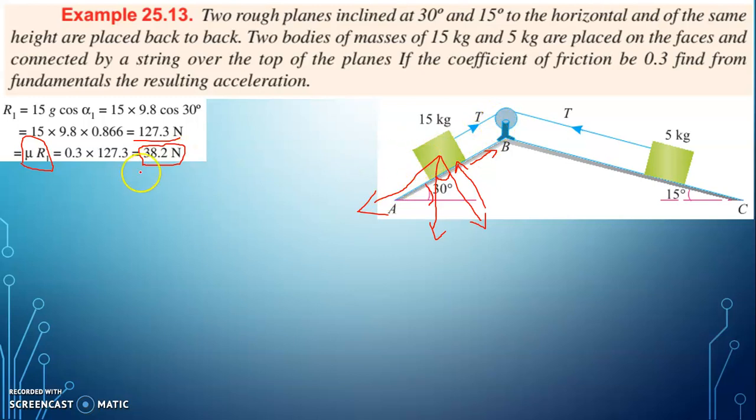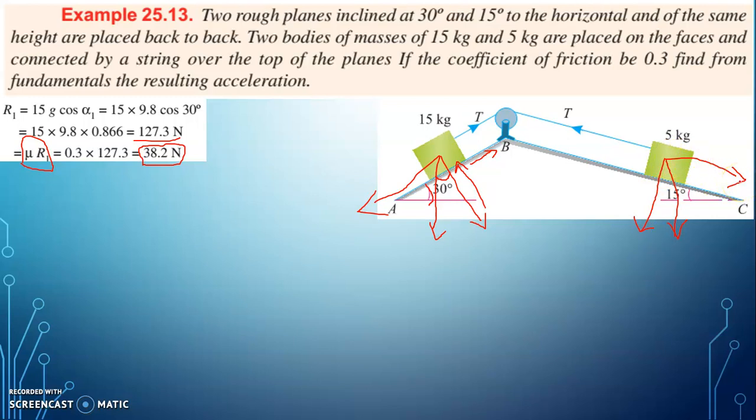We will analyze the total force acting on the body, which is given by the tension and the component of the weight along the incline. Before that, we will write the reaction caused by the 5 kilogram weight. The 5 kilogram weight acts in the downward direction, given by 5 into 9.81, and it has two components: one perpendicular to the surface on which it is resting, and one parallel to the surface.